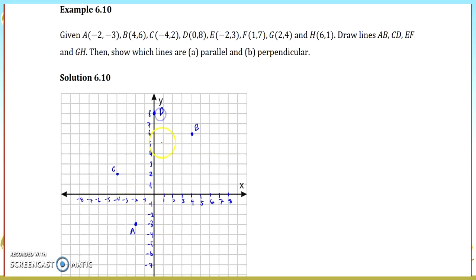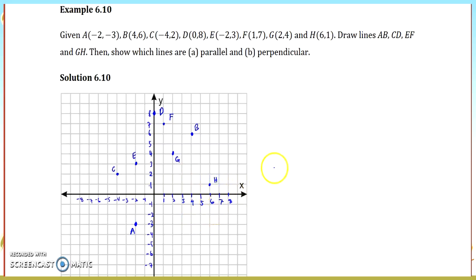This is point D. Point E is (-2, 3). This is point E. Point F is (1, 7). F. Point G is (2, 4). This is G. And point H is (6, 1).